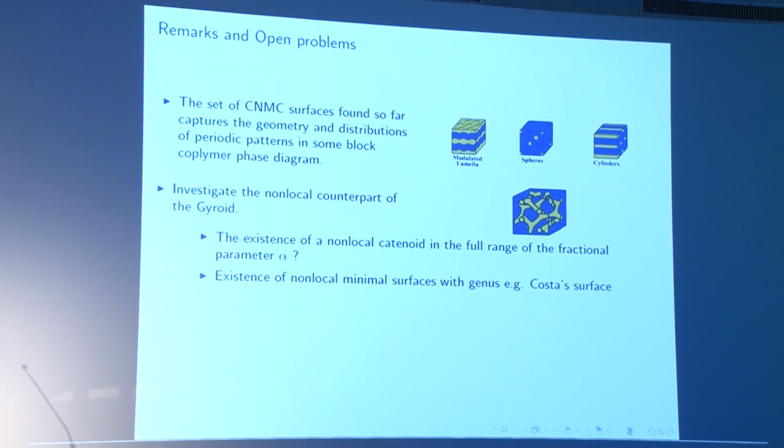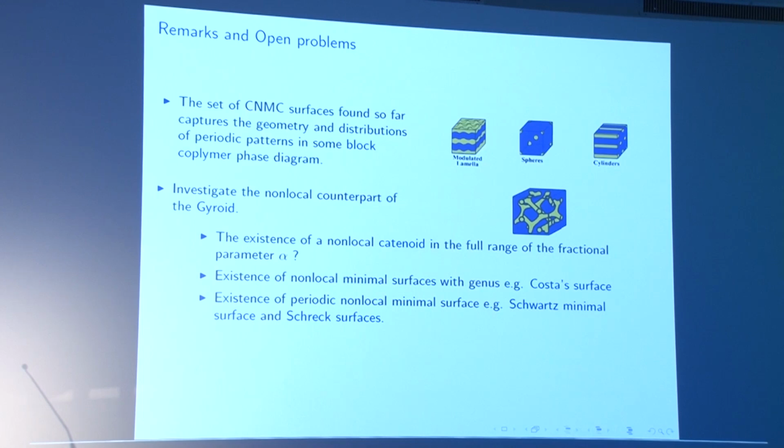I think I have only 2 minutes left, and I will just mention the existence also of periodic non-local minimal surfaces, which are the Schwarz minimal surfaces and Scherk surfaces. These are very interesting surfaces, and I insist on them because they have global parameterization. With the non-local mean curvature, if you change a little bit one part of the surface, you change everything.